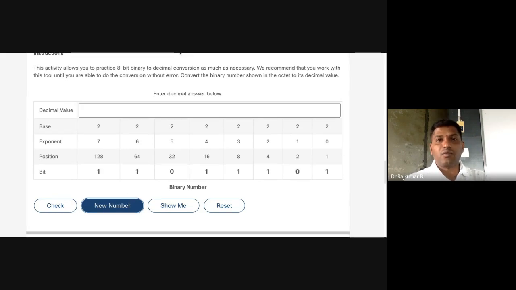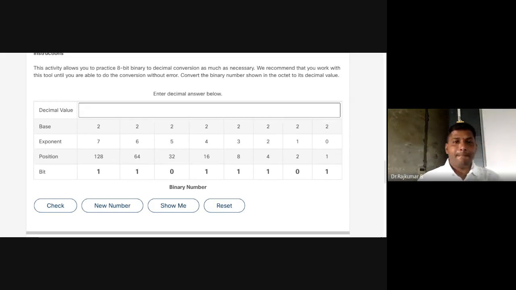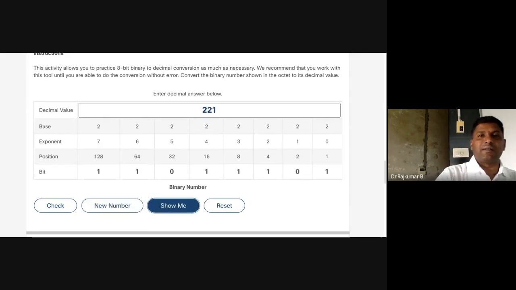What will be the value of this? 128 plus 64 plus 16 plus 8 plus 4 plus 1. 221. Let us check. It is 221. That's right.